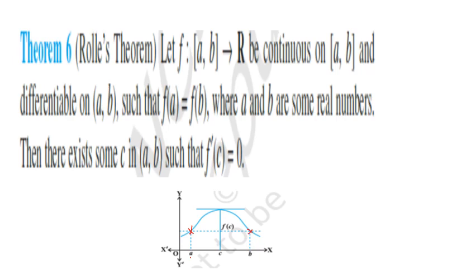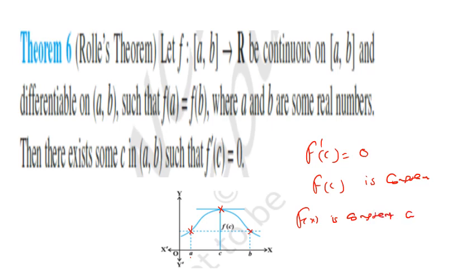Then there exists a point c such that f'(c) is equal to 0. What does f'(c) equal to 0 mean? It means f(x) is constant at c.